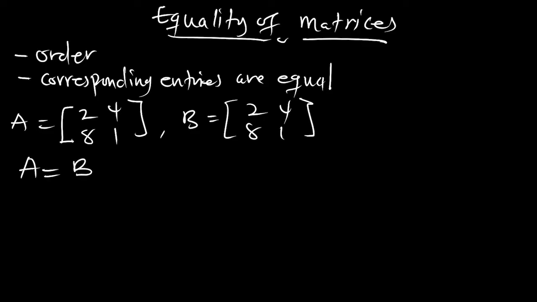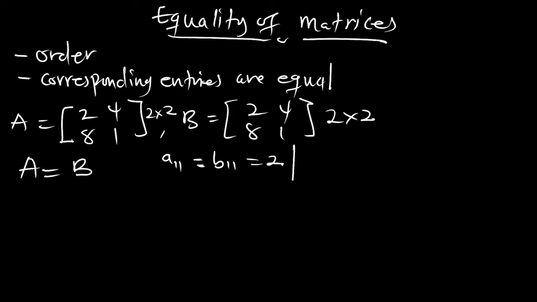Let's see if they obey the laws. One, they have the same order. This is a 2 by 2 matrix, 2 rows, 2 columns. This is also a 2 by 2 matrix, and the corresponding entries are equal. A11 is equal to B11, and that is equal to 2.